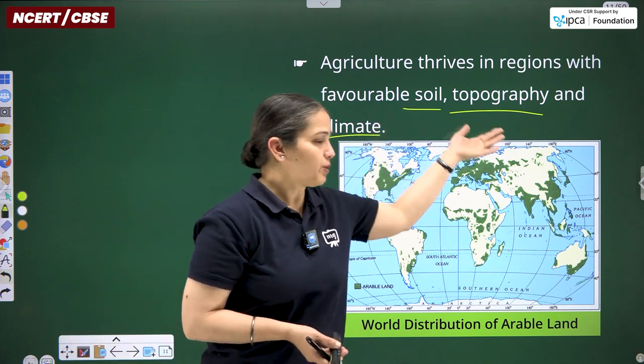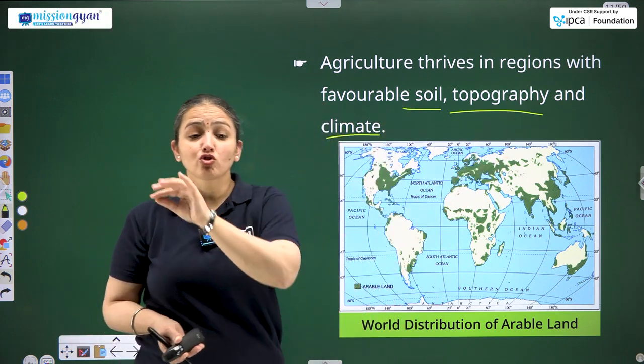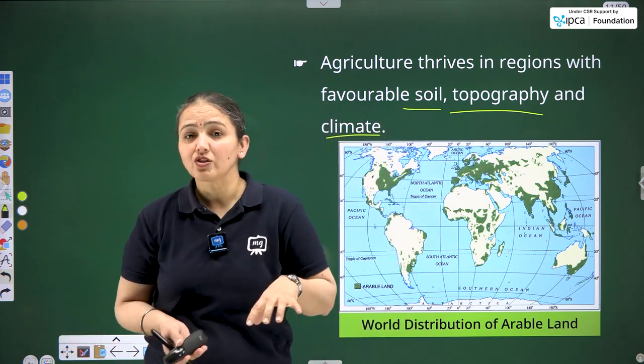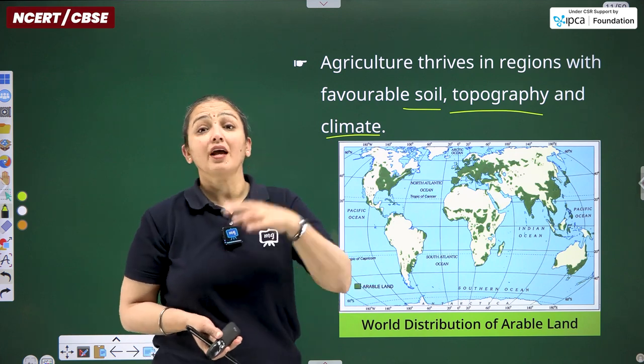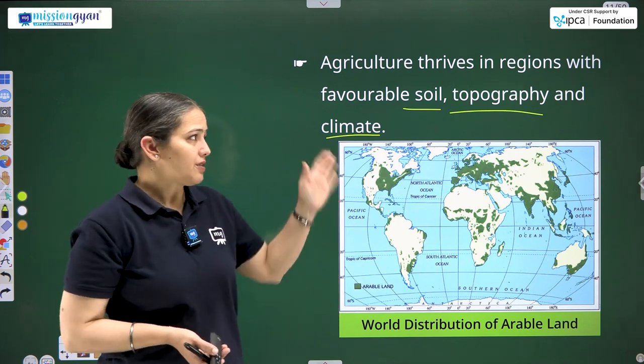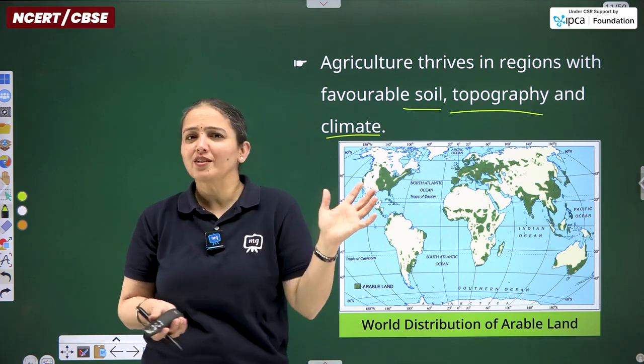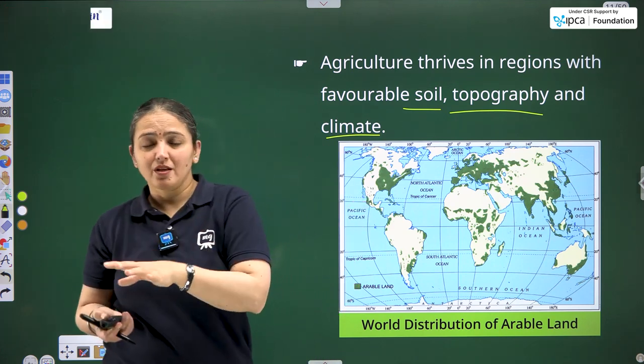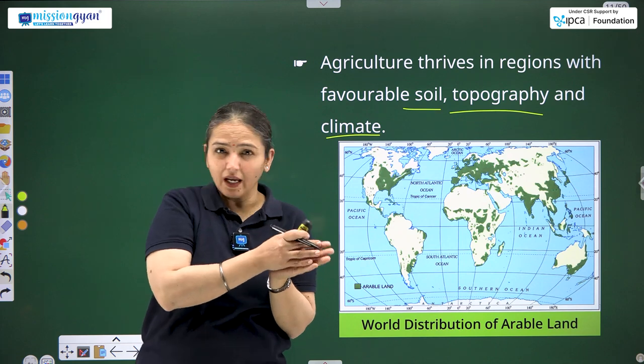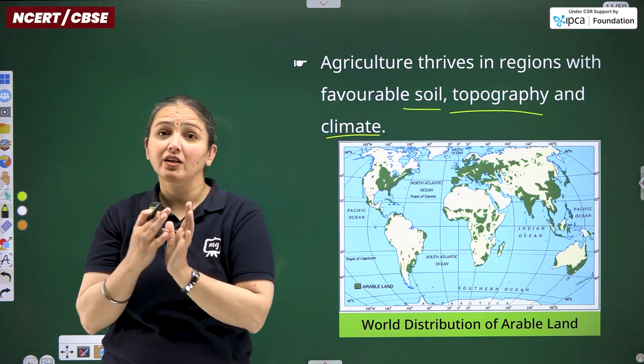Then going ahead with topography, that is the structure of the region where agriculture is in practice or can be practiced. We can consider two basic examples, going with the simple ones: mountains and plains. In the mountains, agriculture can be done, or in the plains, agriculture can be easily done.